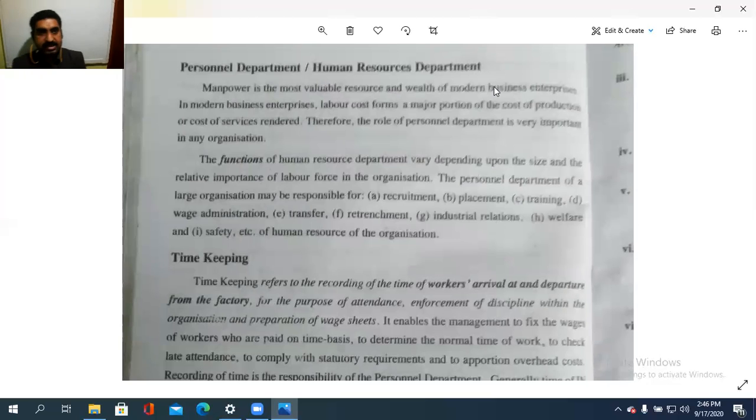So today we saw what is labor cost, what is indirect labor cost and what is direct labor cost, and what are the differences between these two.